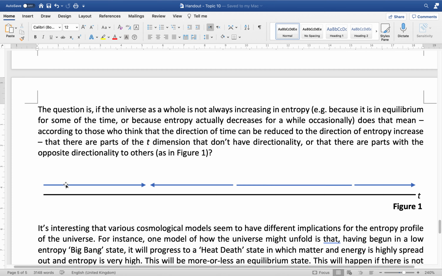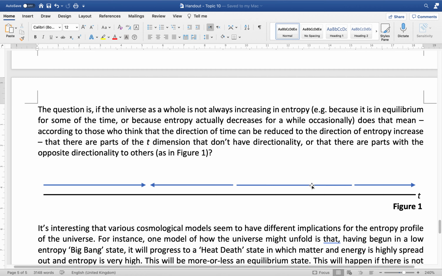So initially it's increasing as t becomes greater, but now it's decreasing as t becomes greater, or in other words, increasing as t becomes lower. So do we regard this as a part of the t-axis along which the direction of time is reversed?